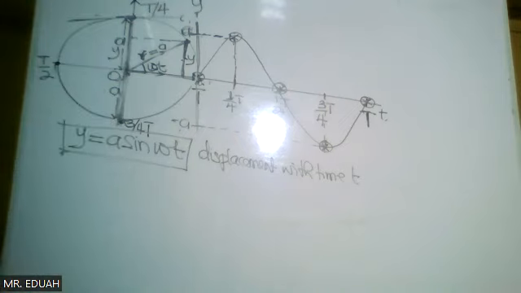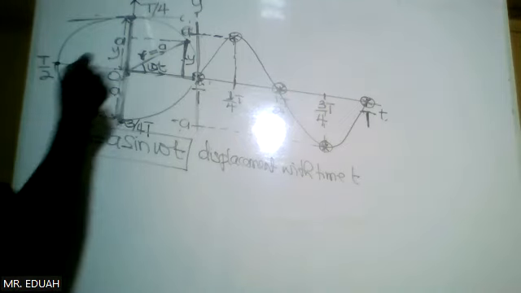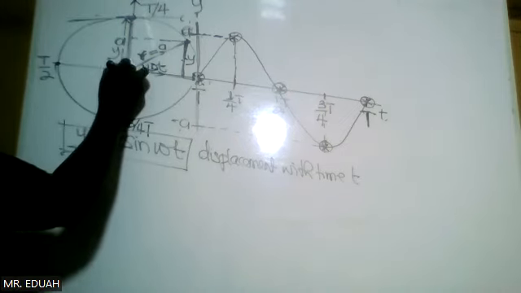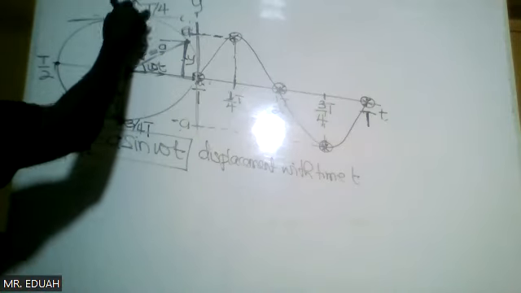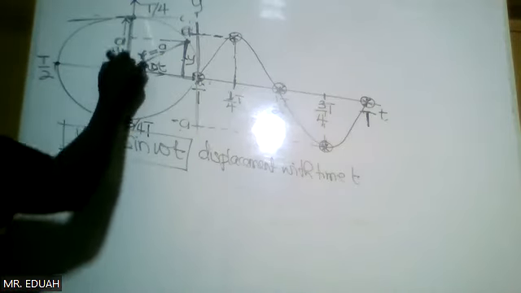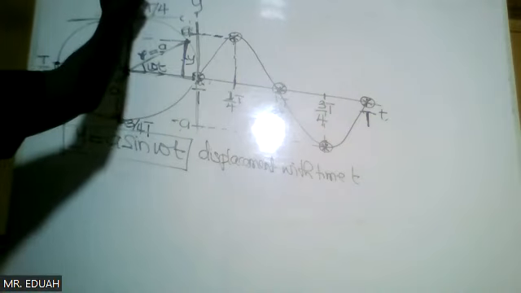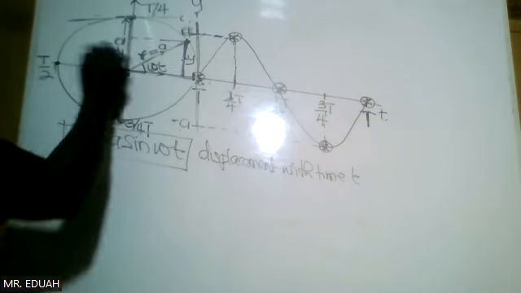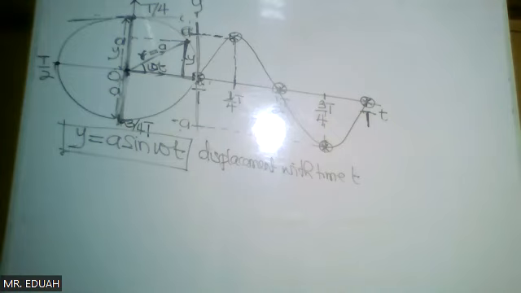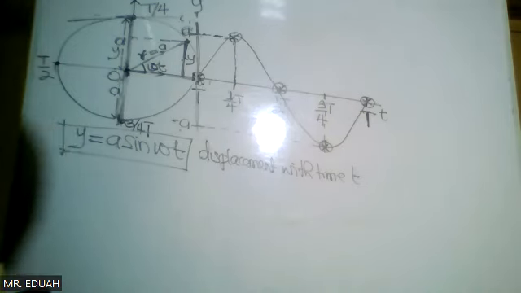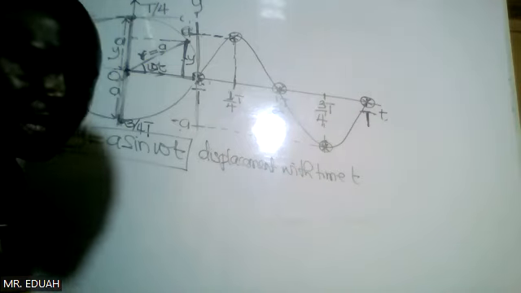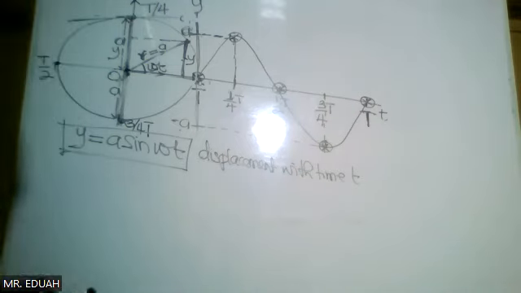In simple harmonic motion, one cycle is starting from the origin, getting to this point, coming back, and so on: up, down, up, one cycle. So we want to draw the displacement of the body with time. So that is what we are doing here.